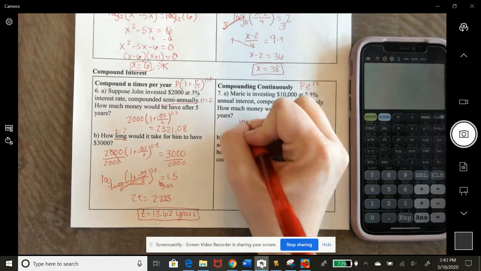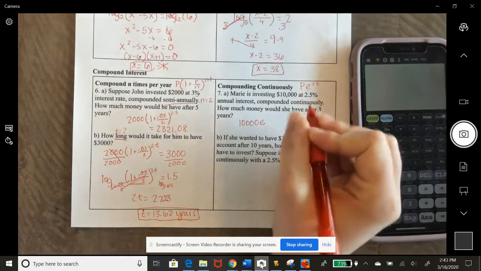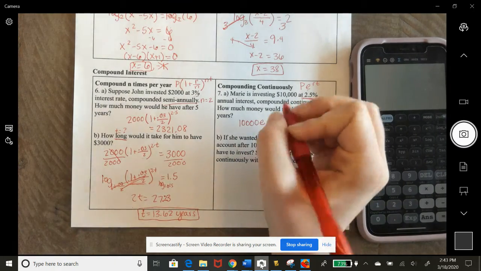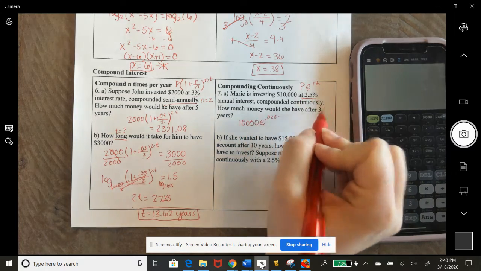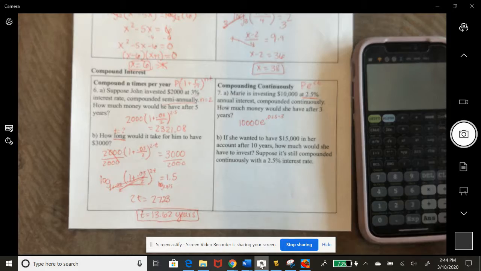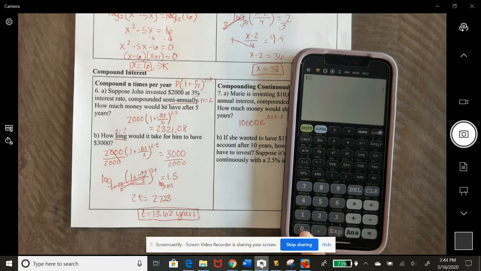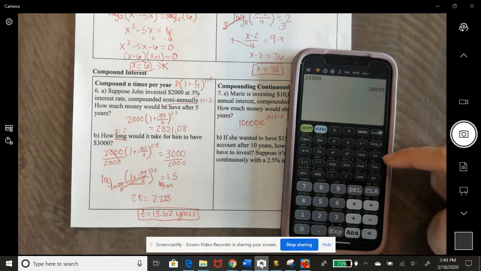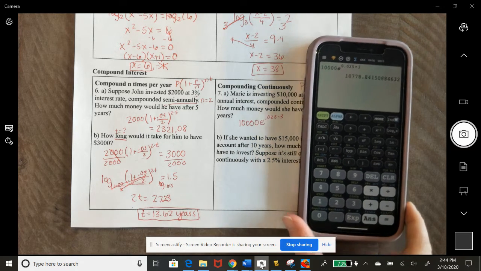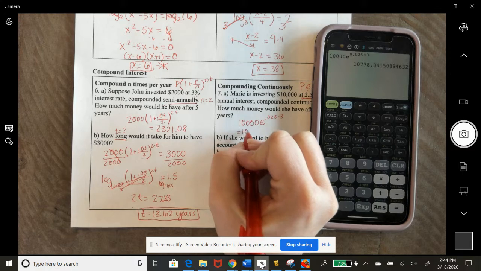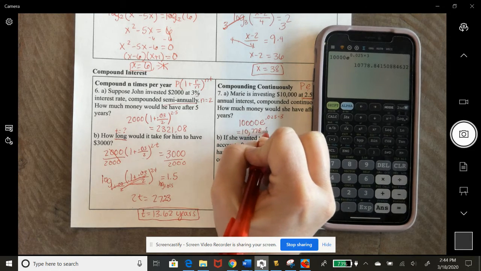So 10,000 e, our rate is 2.5%, so 0.025 times our time, which is 3 years. Okay, so we'll do 10,000 times e, we found the e here, there it is, e raised to the 0.025 times 3. So that's 10,778.84.